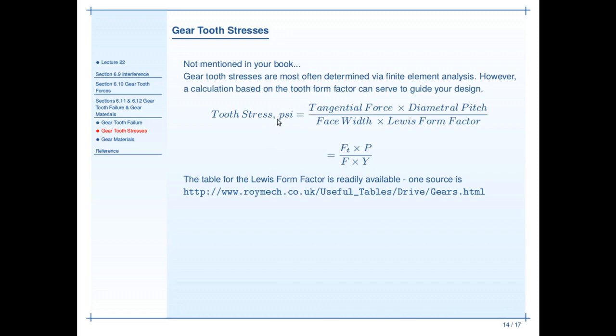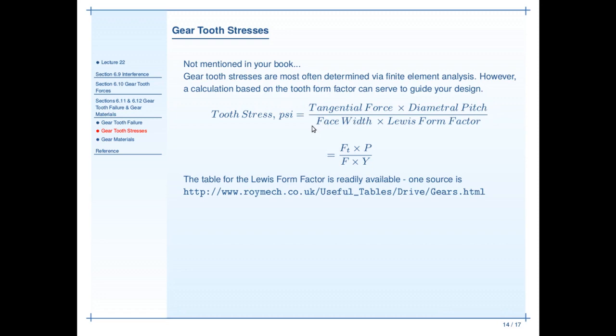You'll note that this is in PSI only, so you're going to need to translate your forces from newtons into pounds force. It's equal to the tangential force, which we just talked about, multiplied by the diametral pitch. So that should be ringing the alarm bells at English units only for this. Divided by the face width, which is the width of the gear.